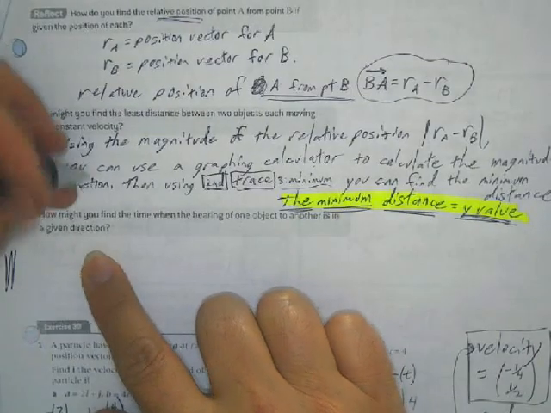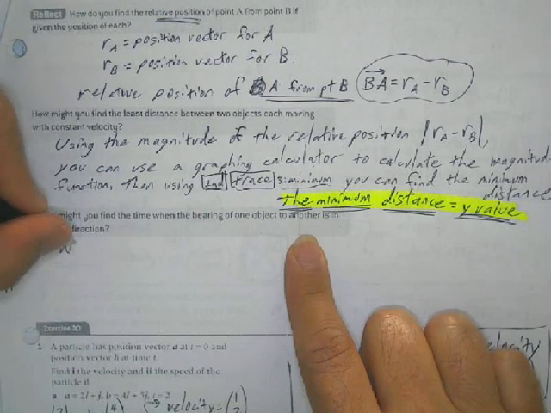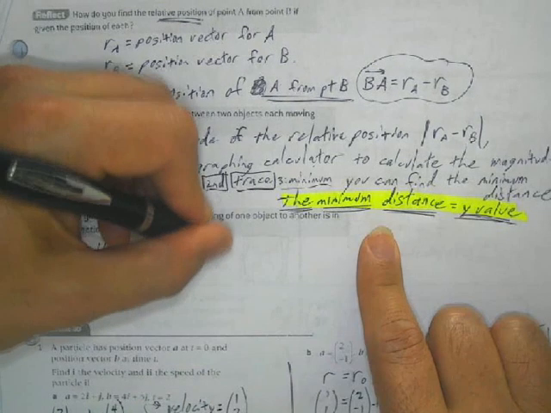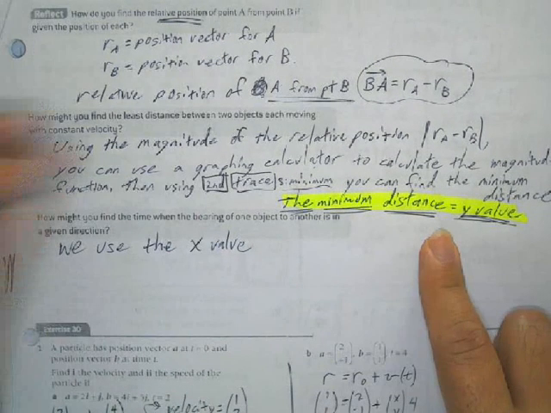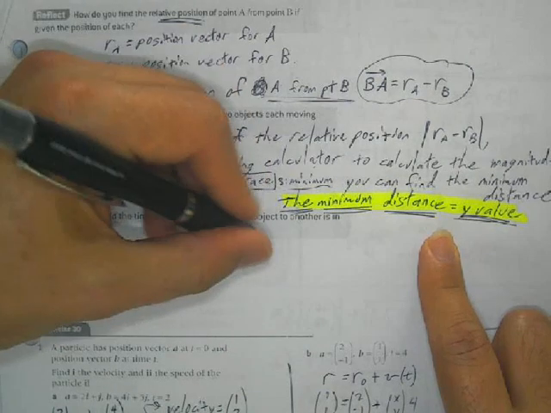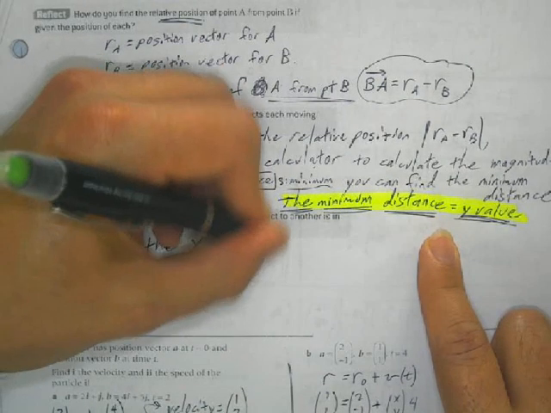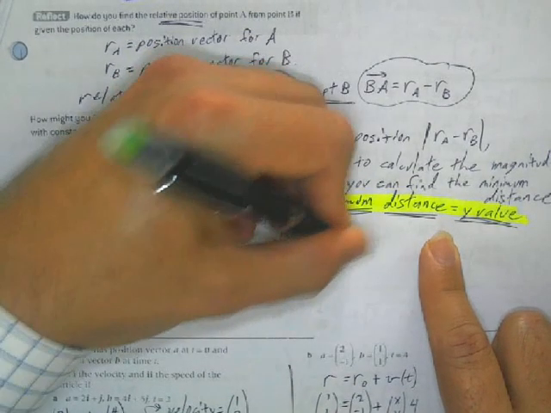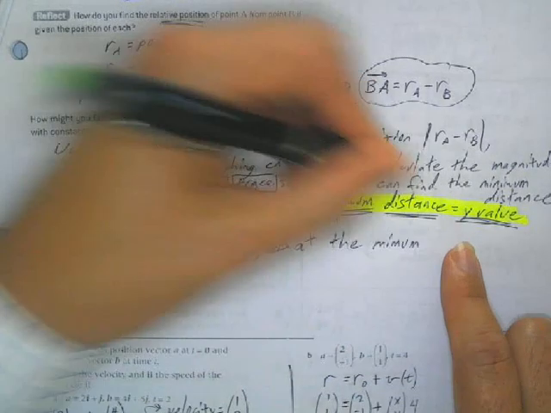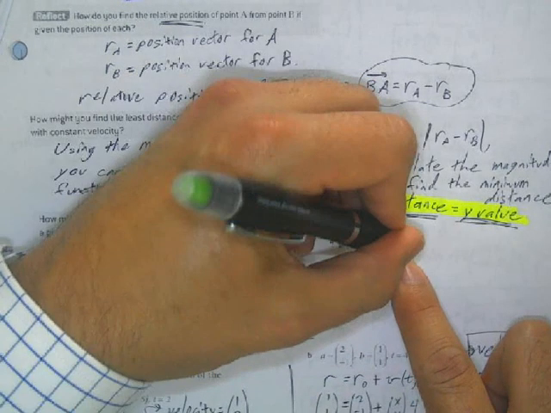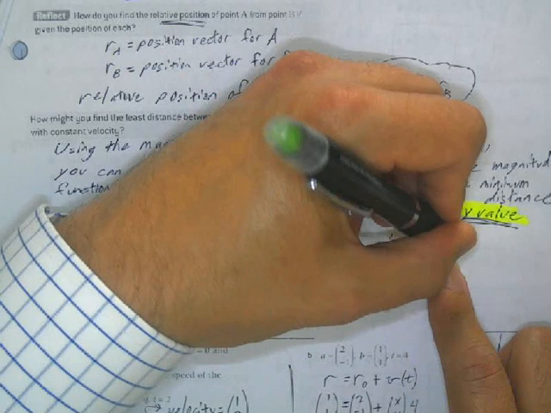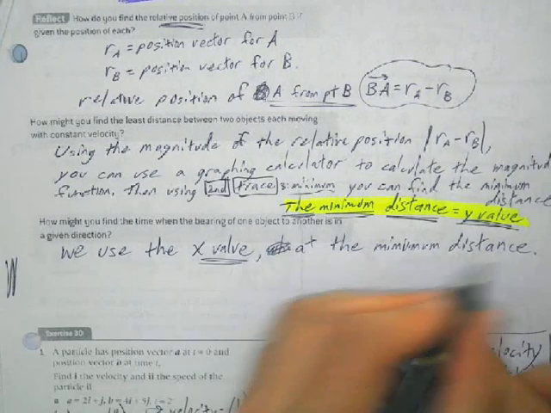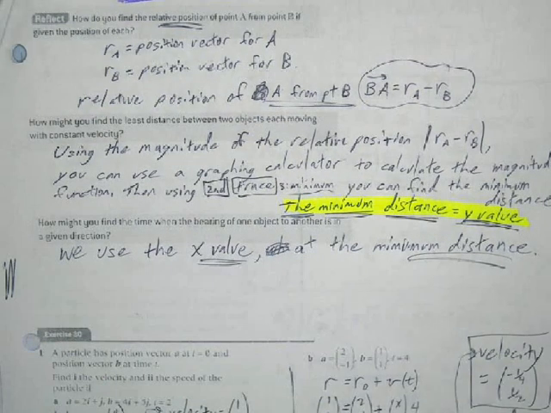We use the x value at the minimum distance. X value at the minimum distance.